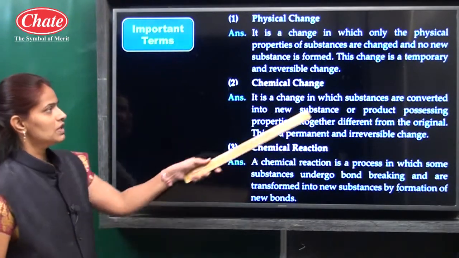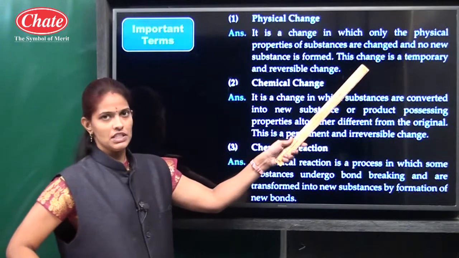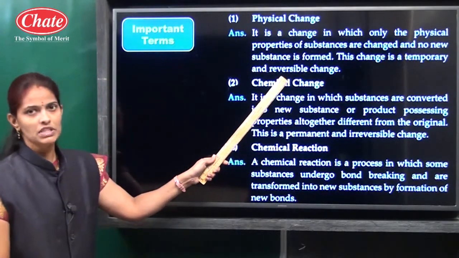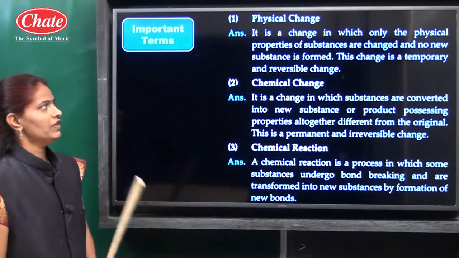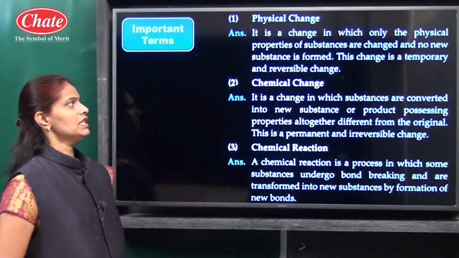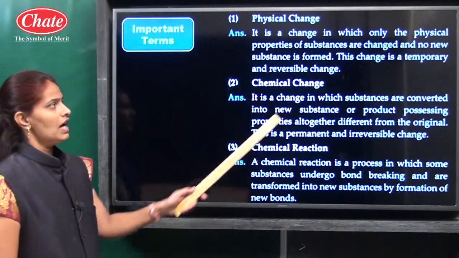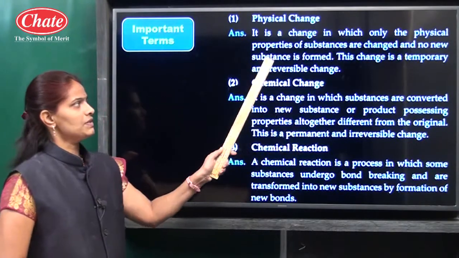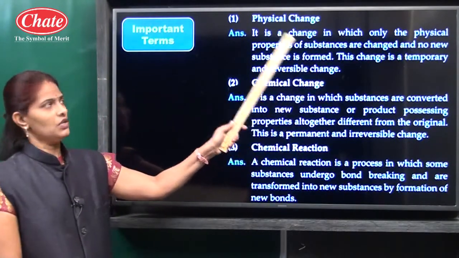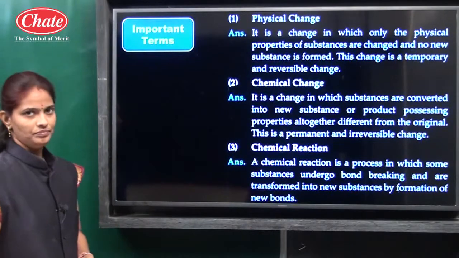Okay, so these are the properties of physical change. It is a temporary and reversible change. So the definition: the change in which only the physical properties of substances are changed and no new substance is formed is called physical change.